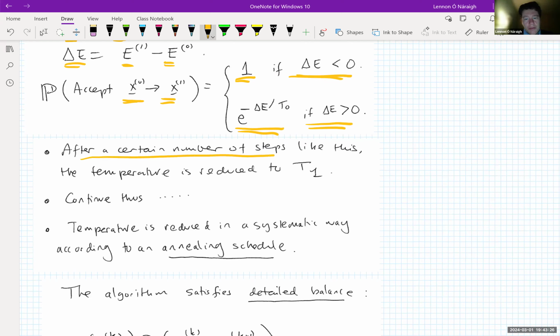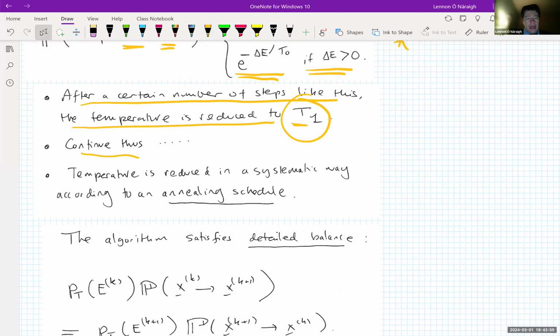After a certain number of steps like this, we reduce the temperature to simulate the cooling to a new temperature T1, and we continue like this. We sequentially generate new guesses, new proposals, new states for the system, and we accept the proposals with a certain probability. After stepping through a certain number of states, we lower the temperature again. We need to lower the temperature in a systematic way, and this is called the annealing schedule.